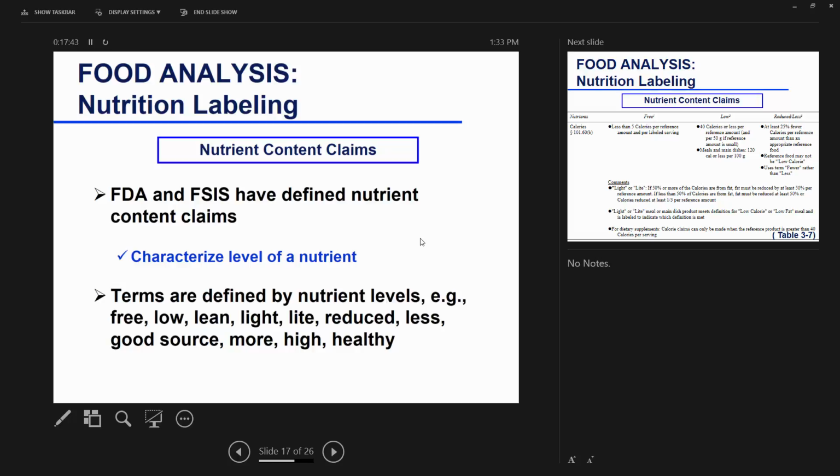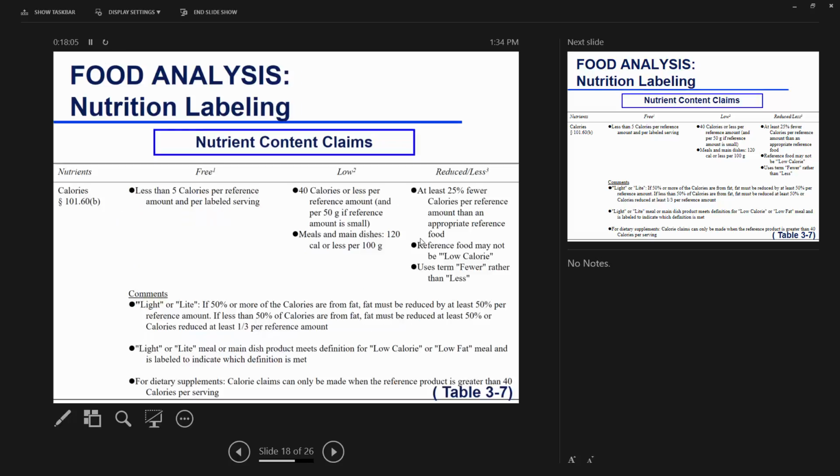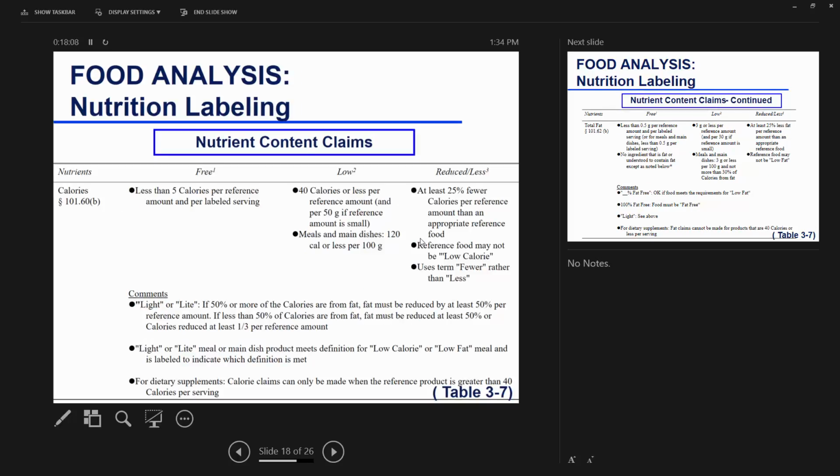You can also make nutrient claims: one-third less fat, reduced fat, calorie-free, one-third less sugar. So you have reduced, light, lean, low. You have so many different claims that you can make for nutrient content. But there are rules: when can you claim free, when can you claim low, when can you claim reduced. This is not for you to memorize, but you'll need it when you're generating your lab report for the first lab.